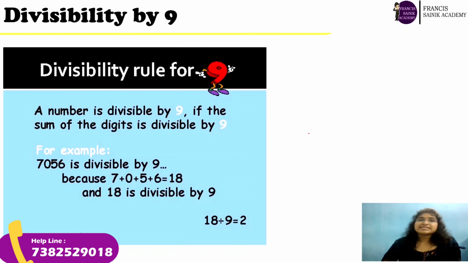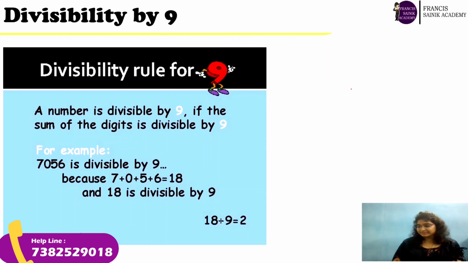Okay? Divisibility by 9. The divisibility rule for 9 is very similar to that of 3. Here also we start adding the digits of a number, and here the sum of the digits must be equal to the multiples of 9. Okay, we'll see how.